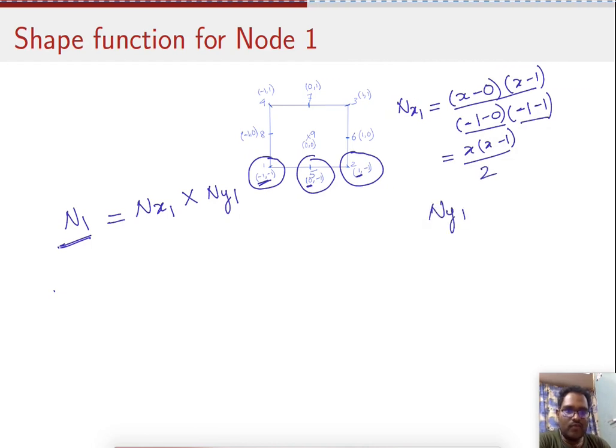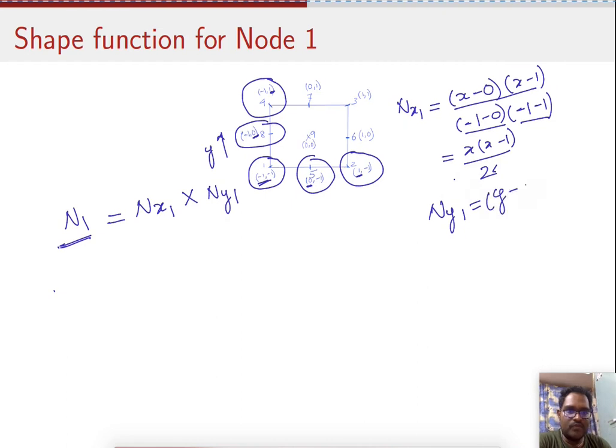Similarly, ny1 can also be found in a similar fashion, but when you go in the y direction, we'll have node number 8 and node number 4. Again, what we are doing is looking only at the y term, which is basically 0 and then 1. So here also it will be y minus 0, y minus 1.